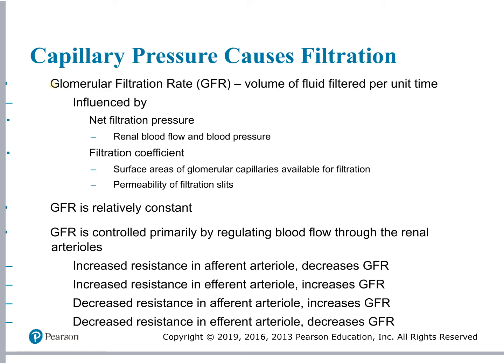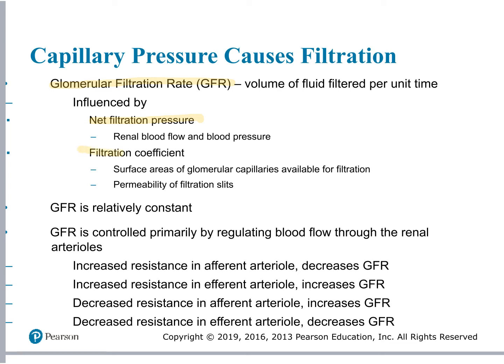It talks about the glomerular filtration rate, known as the GFR, and things that affect the GFR. I'm probably only going to call it GFR from here on out because apparently I'm having trouble saying glomerular. There are two parts to GFR. First, there's the net filtration pressure. That's when we take into consideration the three pressures we talked about in the previous slide: the capillary hydrostatic pressure, the capillary osmotic pressure, and the Bowman's capsule hydrostatic pressure.